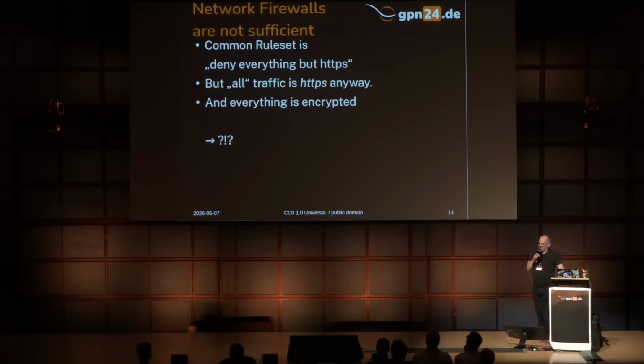So, but this whole thing is kind of broken. Today, network firewalls are not sufficient anymore. The common rule set is, like I just said, basically deny everything but HTTPS. So all the traffic is HTTPS anyway, and we start to see people layering everything on HTTP, because that's the stuff that gets through firewalls.